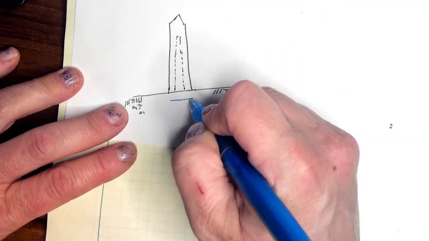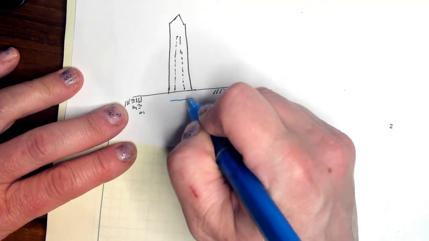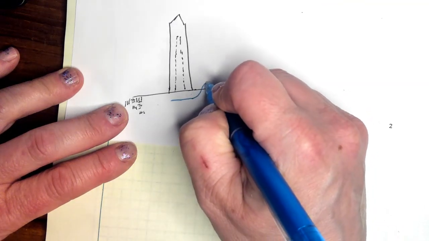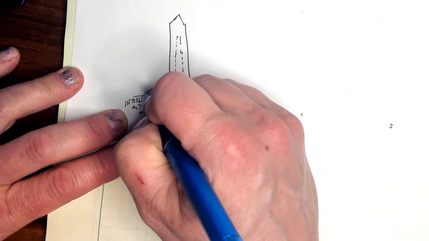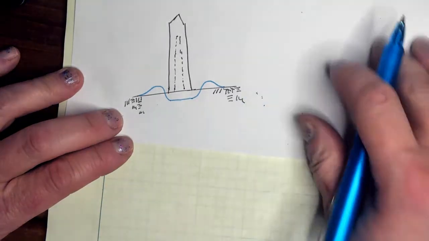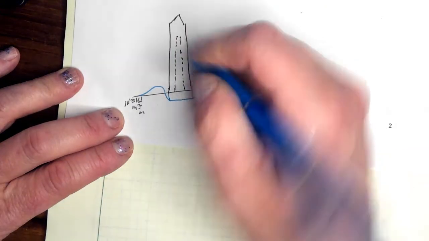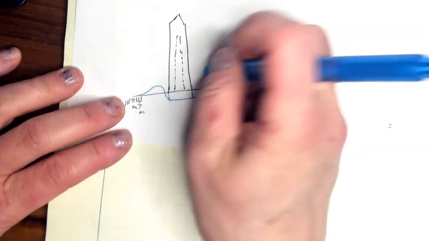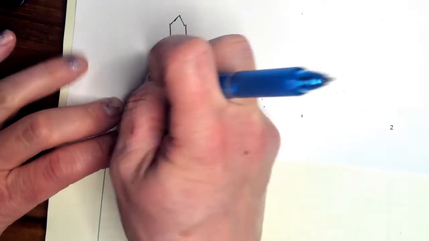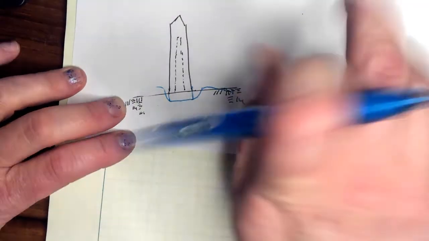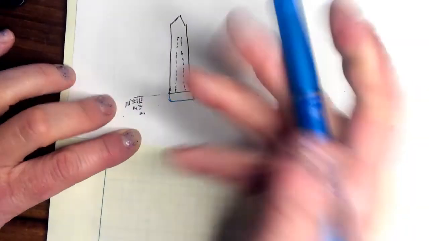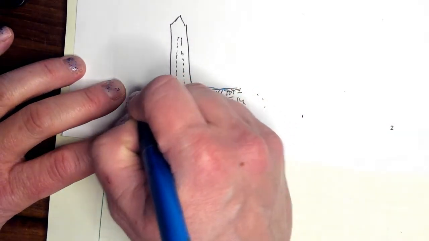So what's going to end up happening is you're going to push out some of the soil, and you're going to end up with a bulge and a depression. Maybe I over-exaggerated. I still over-exaggerated, but I think it gives you the picture, the idea.